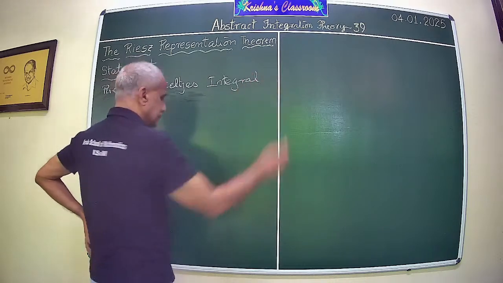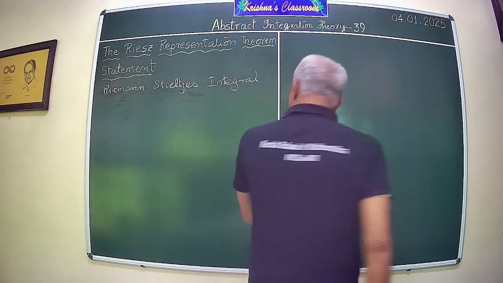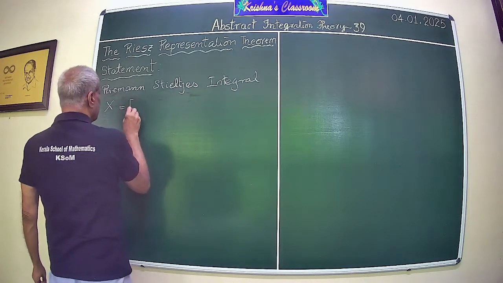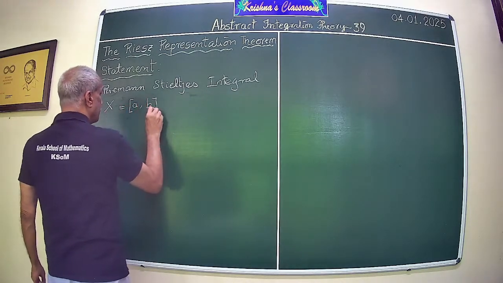We have done this elaborately. We begin with X equal to the interval [a, b].